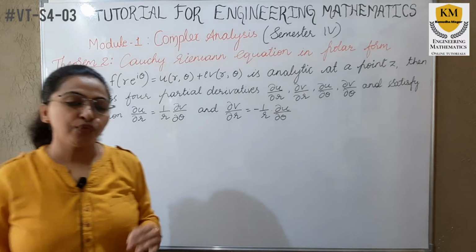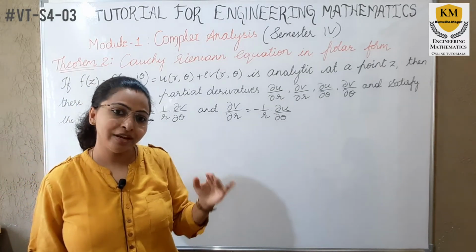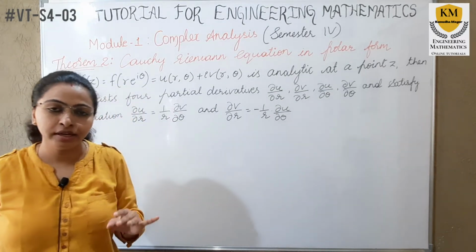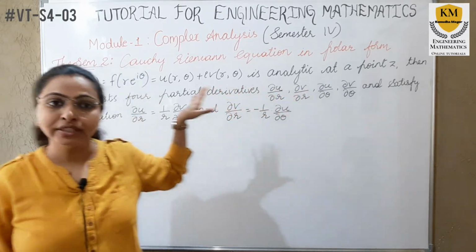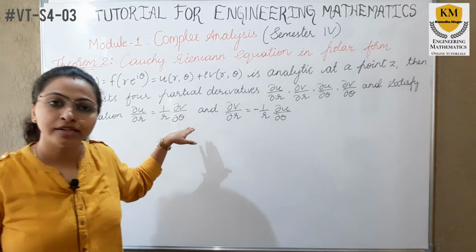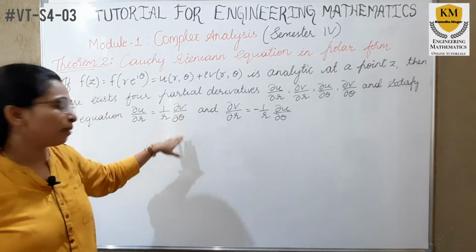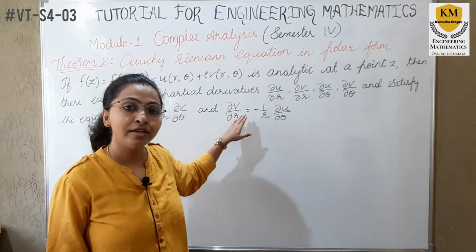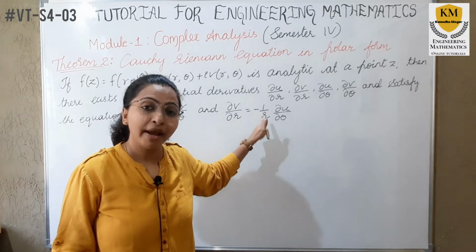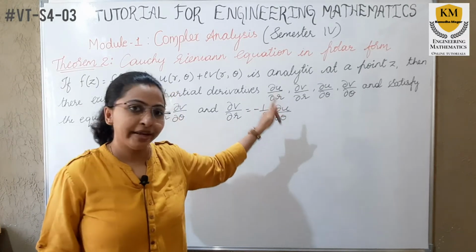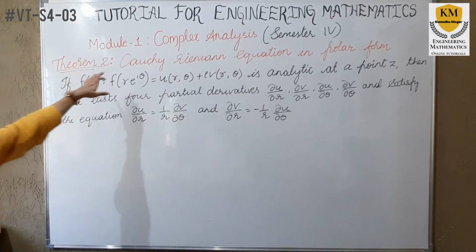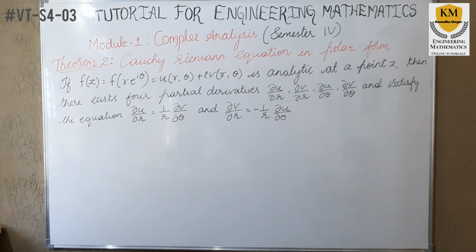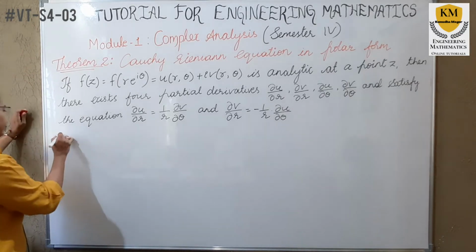Then there exist four partial derivatives such as del u by del r, del u by del theta, del v by del r and del v by del theta, and they satisfy the equations: del u by del r is equal to 1 by r del v by del theta, and del v by del r is equal to minus 1 by r del u by del theta. So this is called the CR equation, or also called the Cauchy-Riemann equation. So let us start with a proof.